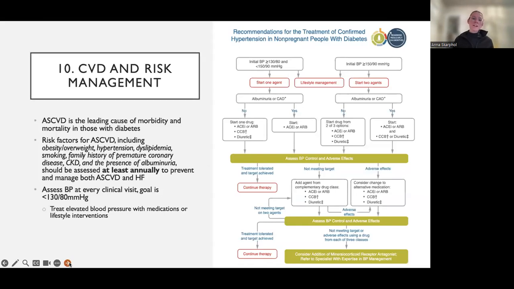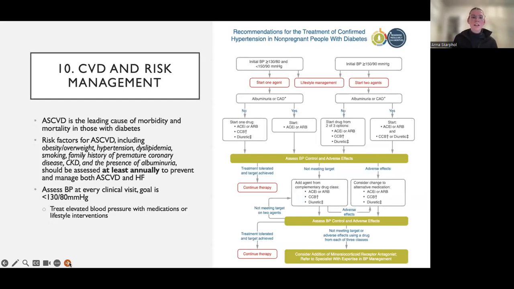So after they have section 9, which was the general chapter about pharmacologic management of diabetes, sections 10 and 11 kind of break down pharmacologic management in terms of cardiovascular disease and heart failure. And so a lot of these sections, they do tie in more pharmacy components just specifically for cardiovascular disease here in section 10.